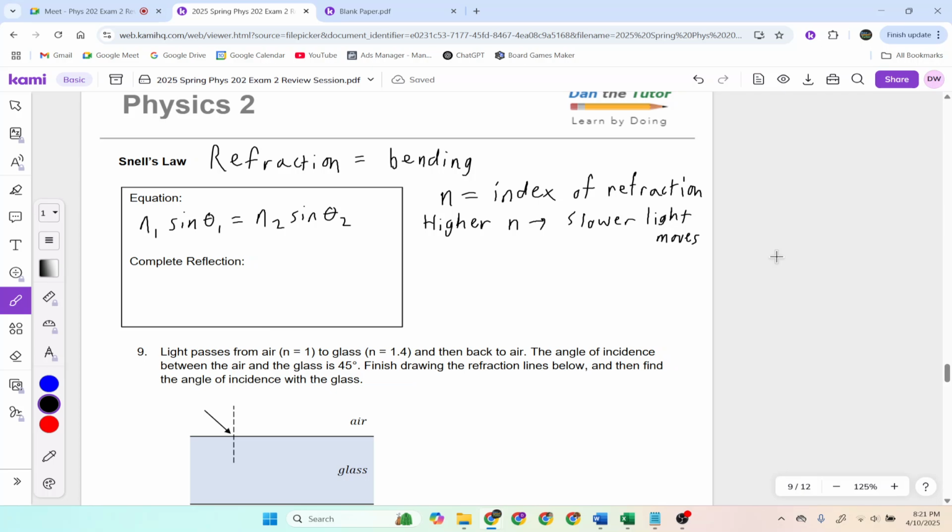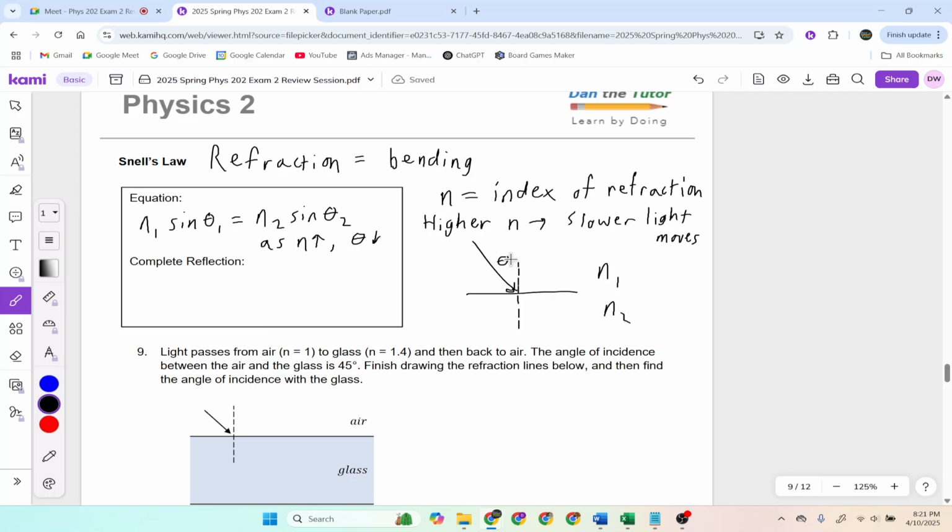So anyways, here's the idea with Snell's law, with the equation specifically. As N goes up, theta goes down. As N goes up, theta goes down. So as an example, let's say hypothetically I have this, and here's N1 and here's N2, right?